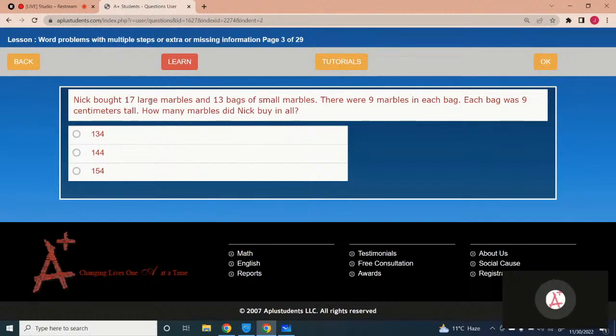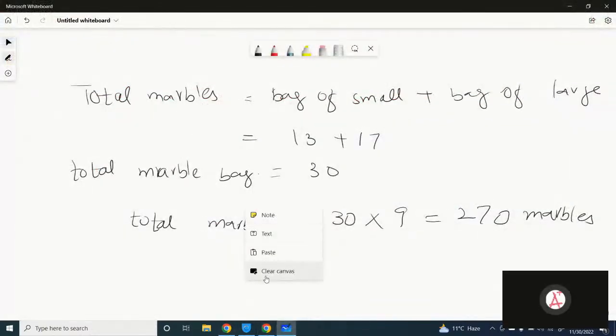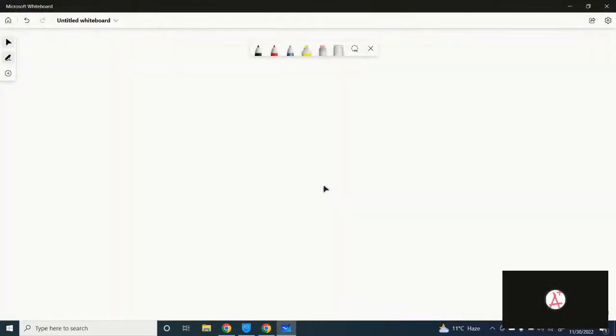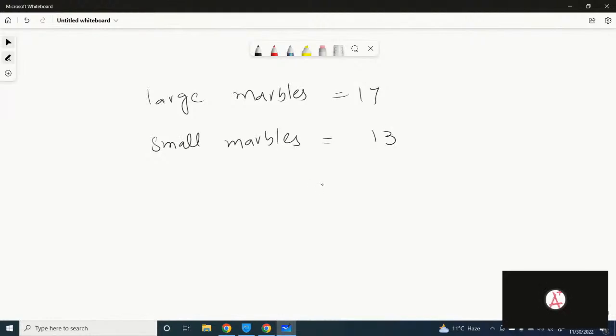Oh, sorry. 17 large marbles, not 17 bags of the large marbles. Got it? I thought it would be the bags. The large marbles are 17 and the small marbles are 13 bags, and in one bag you have 9.